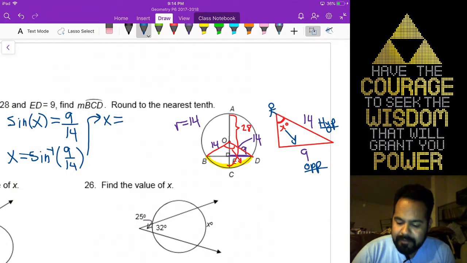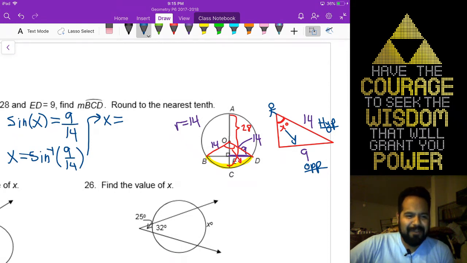Inverse sine. And also make sure your calculator is in degrees mode, otherwise you're going to get a weird answer. You're going to be like, what the heck, Mr. T? Woo-hoo! Yeah, it's 40 degrees.